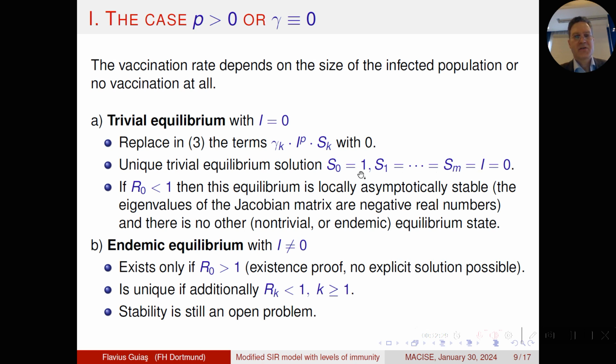If we have the assumption that all other Rk except R0 are less than 1, then this equilibrium turns out to be unique. And the stability of it is an open problem, because if you cannot compute it explicitly, you cannot have the Jacobian matrix at this point explicit, and for the eigenvalues you cannot say very much.